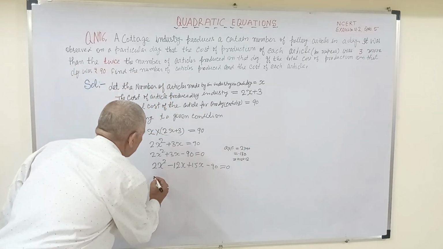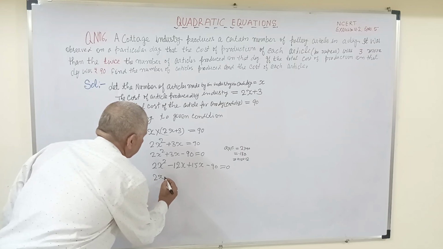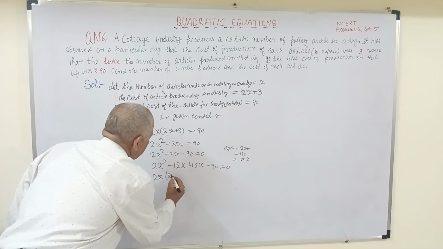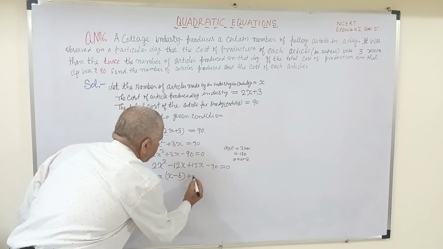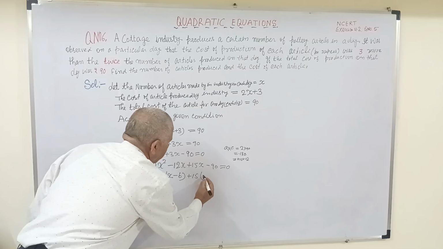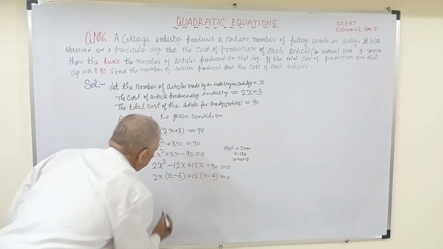So we will take 2x as a common, and we get x minus 6, plus 15 as a common, x minus 6 equals to 0.